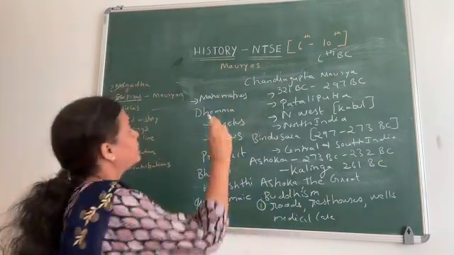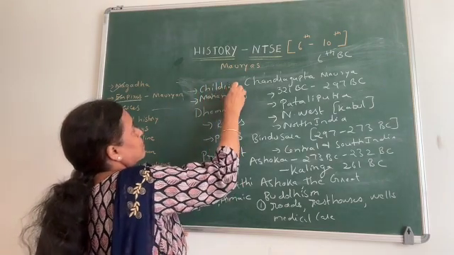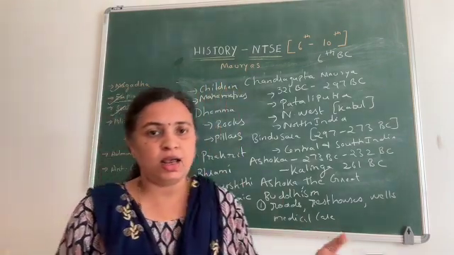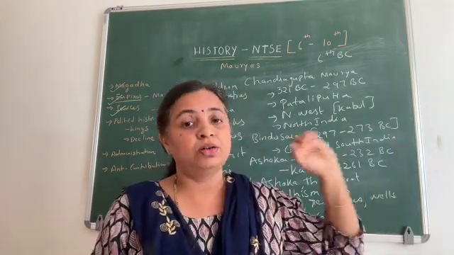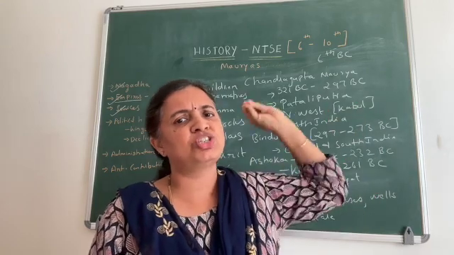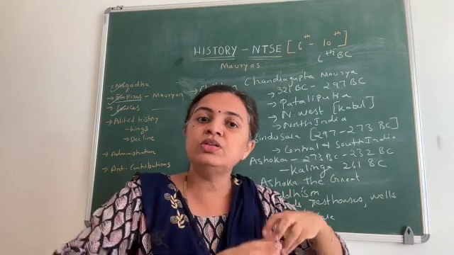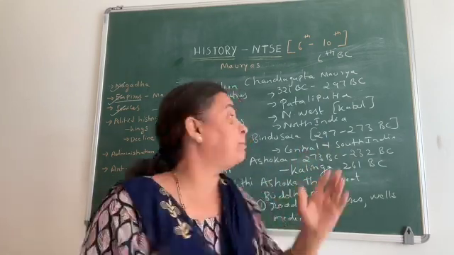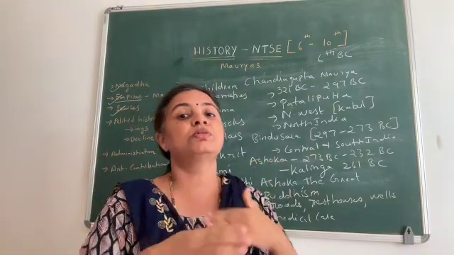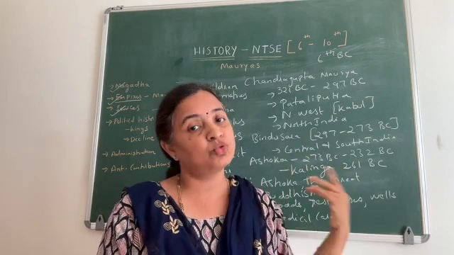Not only that, he also sent his children, Mahendra, his son, and Sangamitra, his daughter, to Sri Lanka to spread that message. He sent messengers to Egypt, so many other places, and Sri Lanka. That's how Buddhism spread. He talked about non-violence and peace. So because of the patronage of Ashoka, Buddhism spread to various different countries, from Sri Lanka to China and so many other places.